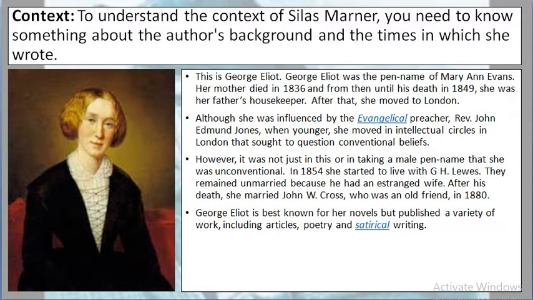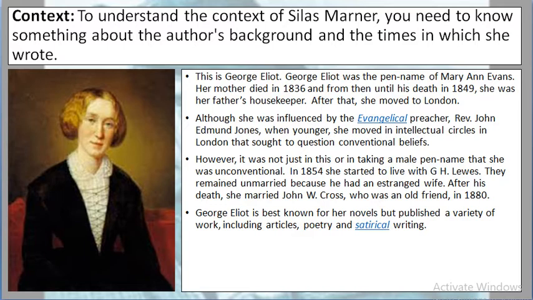Context: to understand the context of Silas Marner, you need to know something about the author's background and the times in which she wrote. This is George Eliot, who was a woman, though she used a male's name to publish her novels due to the male dominating restrictions in the society during her period.